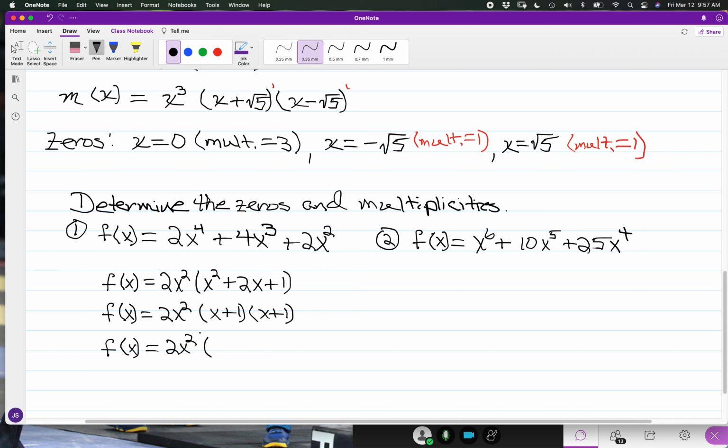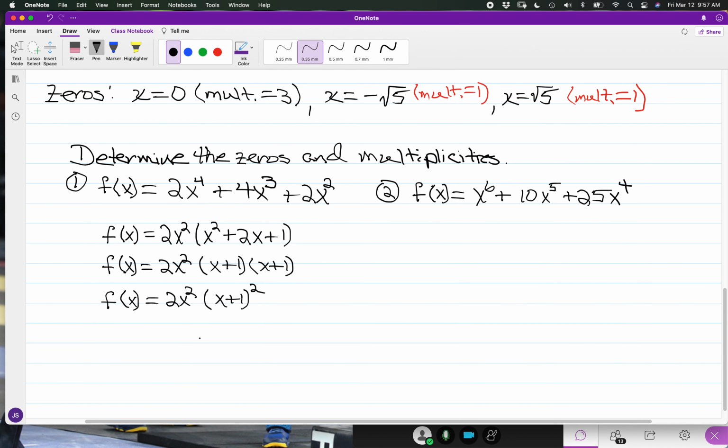So we have 2x squared times x plus 1 raised to the power of the number of times it appeared in the previous step. So that's going to be to the second. All right, so you have 2 times x to the second times the binomial x plus 1, which is also to the second.